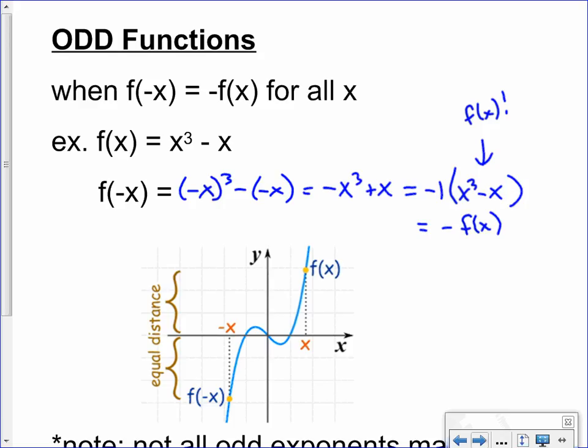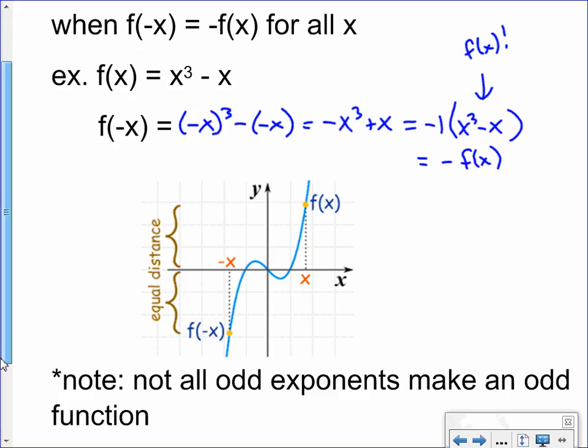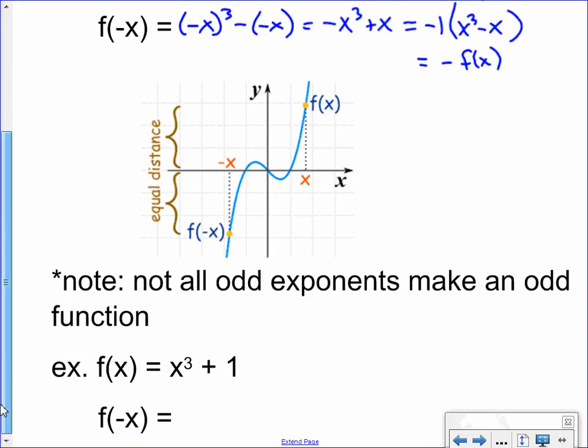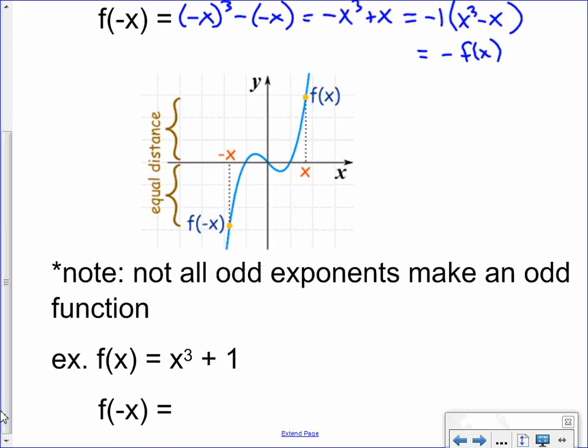Okay? But again, just because it's an odd degree doesn't mean it's an odd function. So an example of this would be x cubed plus 1.